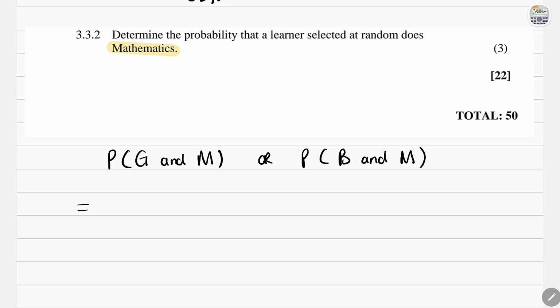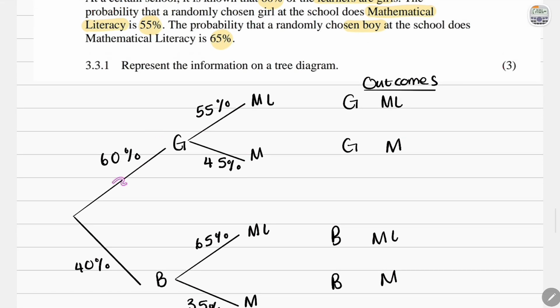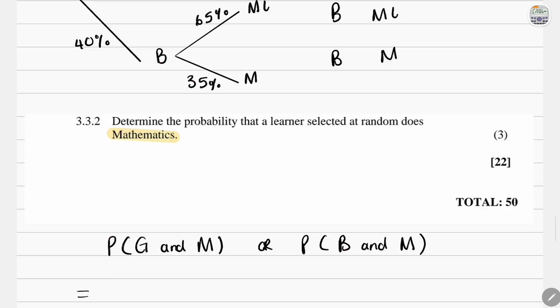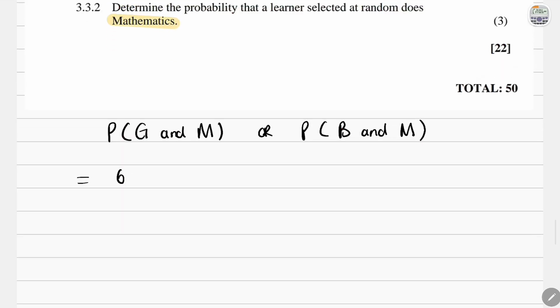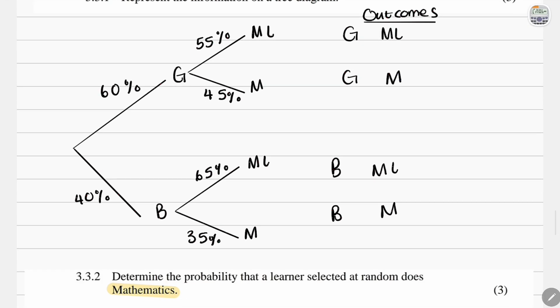So probability of a girl who does mathematics, we'll just go to girl, that's 60%, who does mathematics, and 45%. So when we are moving along the branches like this, we multiply because these things are jointly happening. Okay, so we are saying 60% as a percentage, let's just write it as a decimal, 0.60 multiplied by 0.45, and then plus the probability of a boy who does mathematics, that is 40%, and he does mathematics, so 35.